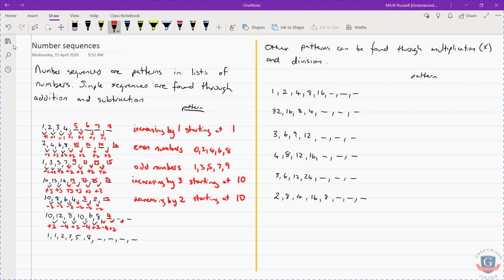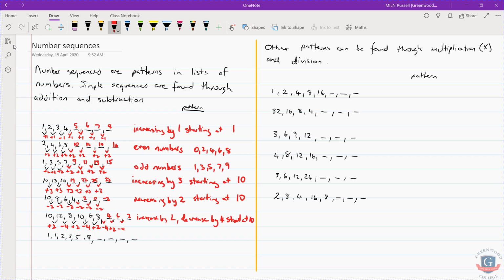And then it goes up by 2. And then it goes down by 4. So increase by 2, decrease by 4, start at 10.